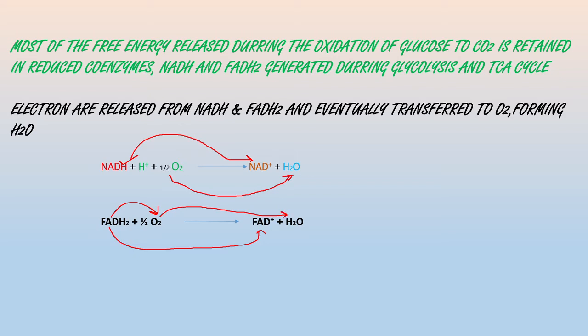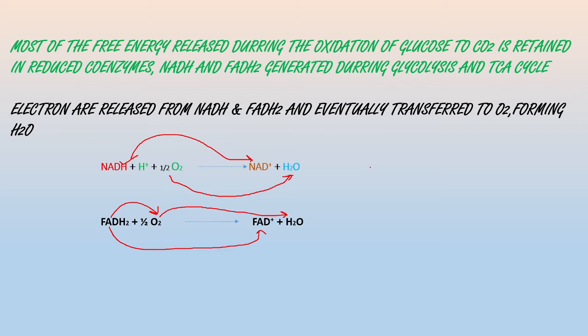There are two ways of ATP formation. One is substrate level, and the other is from the oxidation and reduction of these coenzymes. In substrate level phosphorylation, the substrate transfers its phosphate to ADP and generates ATP directly, but this production of energy is very low.